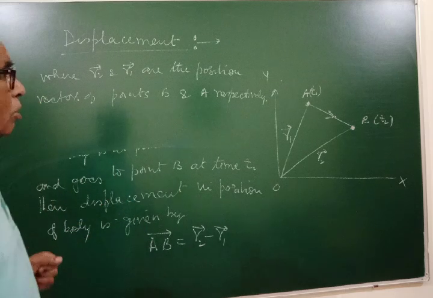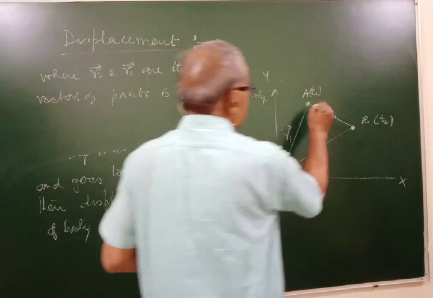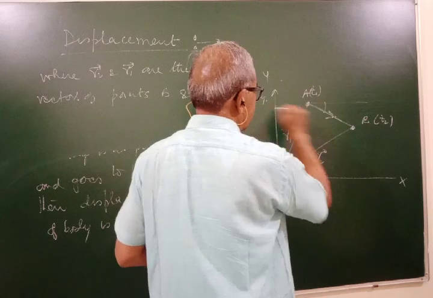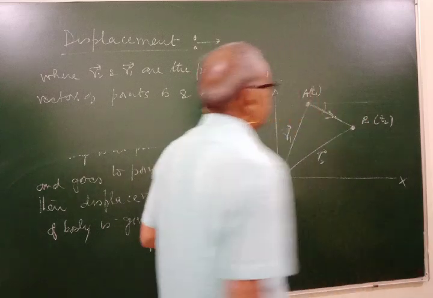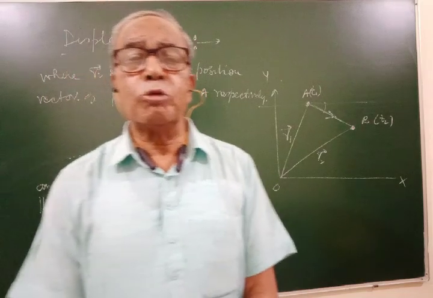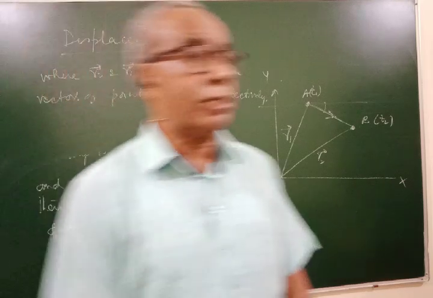exactly. So displacement is not distance, because this body is displaced here at this angle theta from the x-axis. So displacement is described in terms of distance as well as direction, in which direction the body is displaced.